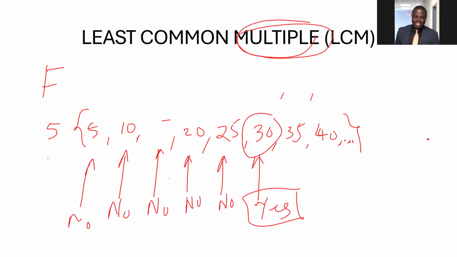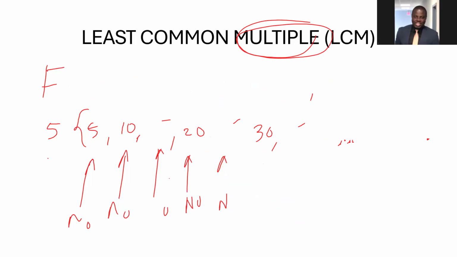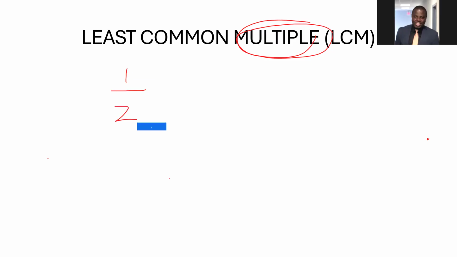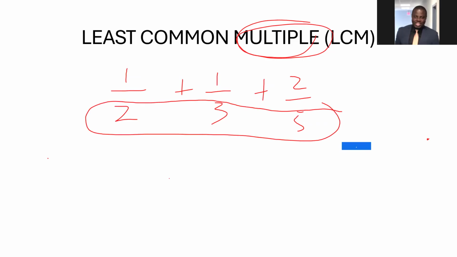Now, most of the time, you're going to have just two numbers, so you're finding the LCM of two numbers. But a few times you could have more than two, like we just did, three numbers. Always when you have fractions like these, you have to look at the denominators, that is 2, 3, and 5, and then find the LCM of these three numbers.